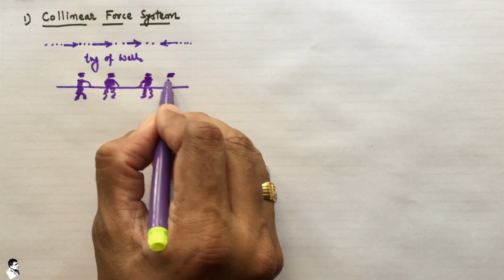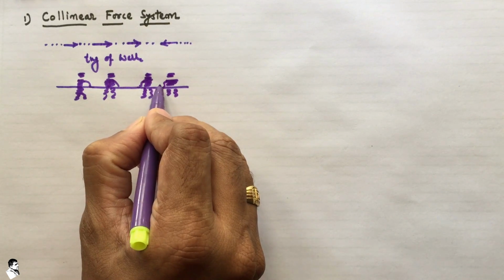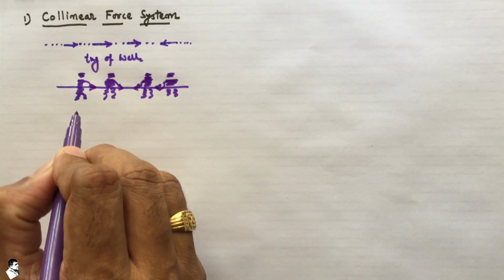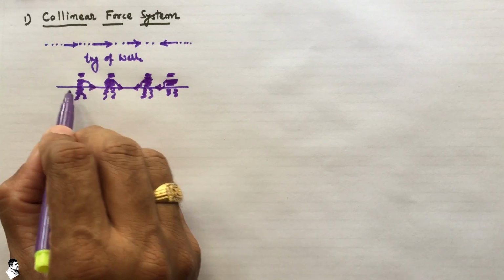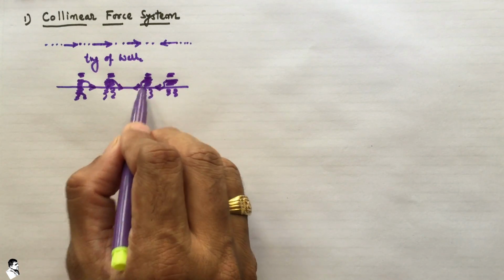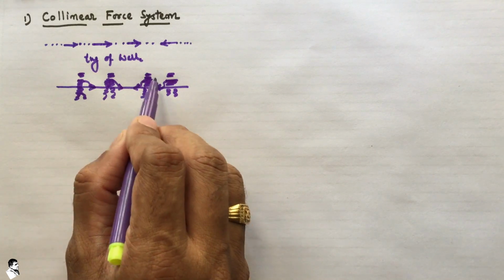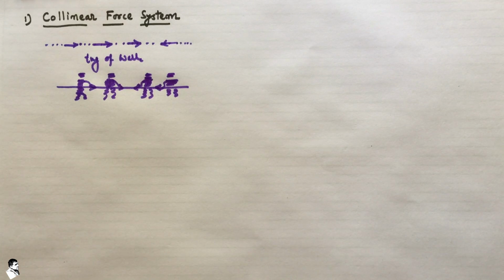So they are applying force in different directions. This is one force, this is a second force, another force, another force. Forces are applied in different directions, but this is a rope where all the forces are acting on a similar line. So this type of force system is known as a collinear force system.